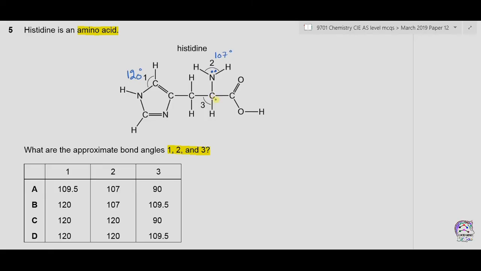There is no lone pair around the carbon atom. So the structure will be tetrahedral and the bond angle is 109.5. So looking at the given options, we have 120 degrees for the first one, 107 for the second one, 109.5 for the third one. So therefore the correct option is B.